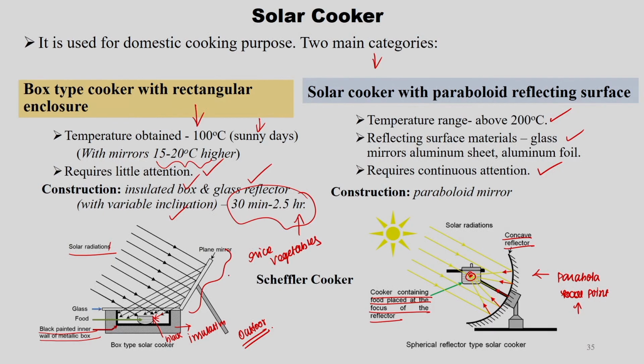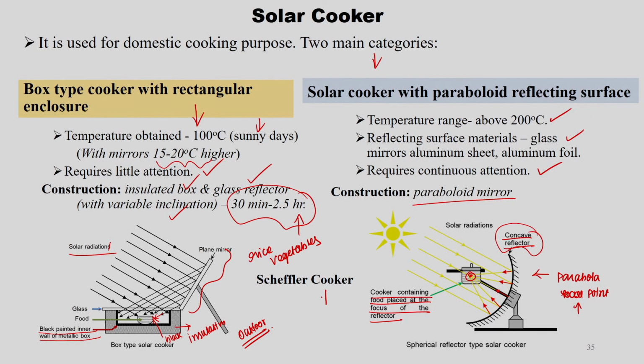Because you need not change the plane mirror frequently, but here, due to this focal point problem, you are supposed to adjust the concave reflector based on the solar radiation. That adjustment needs continuous attention. The construction requires a paraboloid mirror, whereas here you would require the glass reflector, that is, a plane mirror.